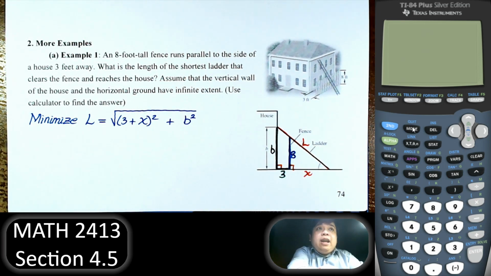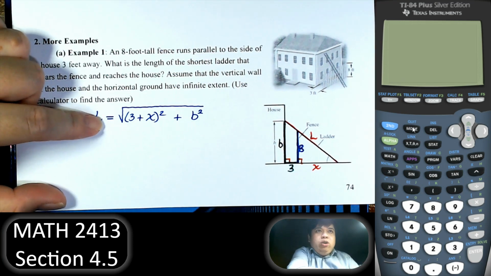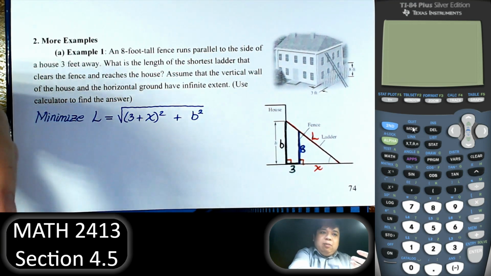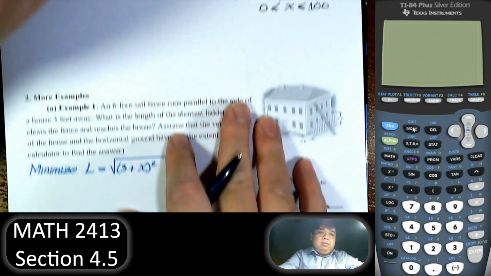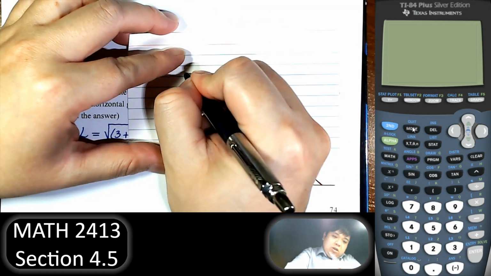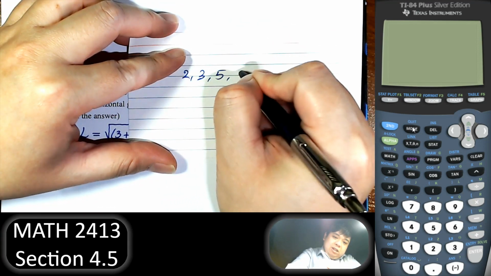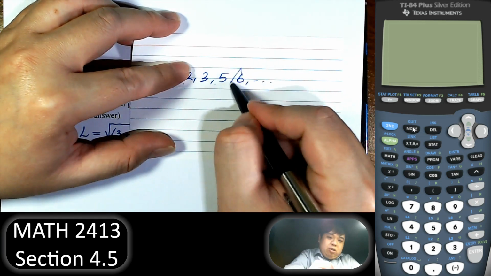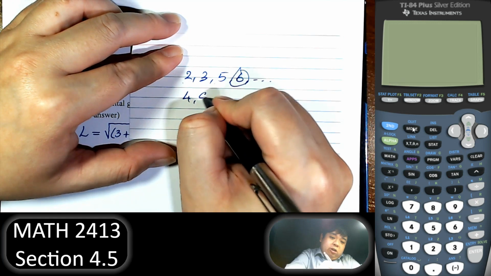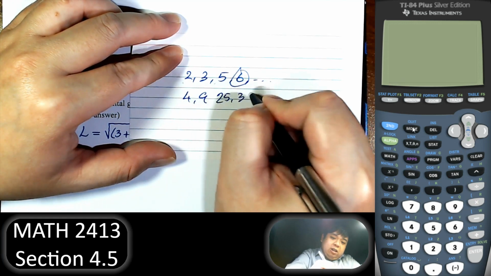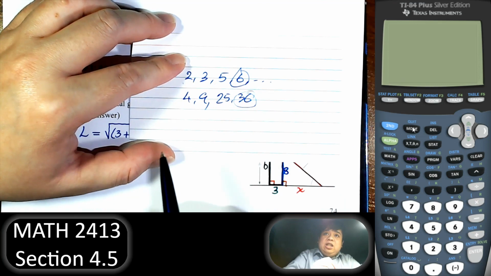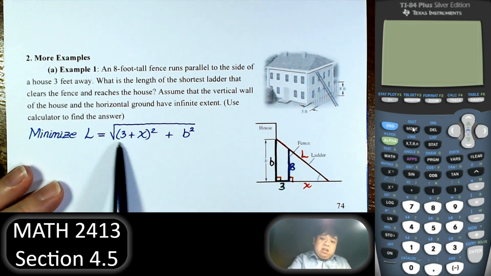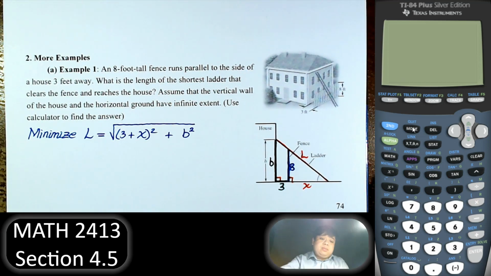Next, trying to minimize the square root of this is the same thing as trying to minimize the square of it, right? Think about if we're talking about positive numbers. Let me just give you some random numbers. Which one is the biggest one? Of course, 6. Now, if we square them, 4, 9, 25, and 36. Of course, 36 is the biggest one. So if we're talking about all positive numbers, to minimize this is the same thing as minimizing the square.